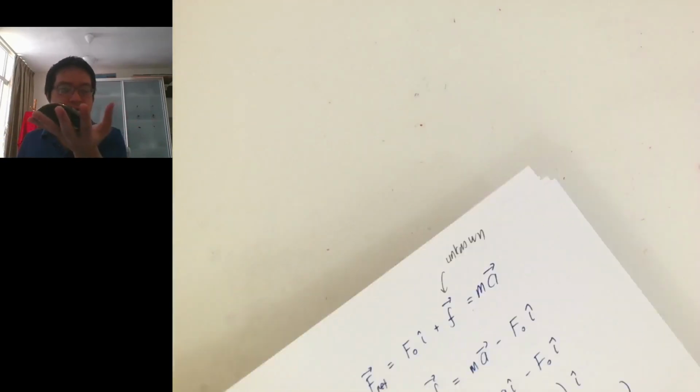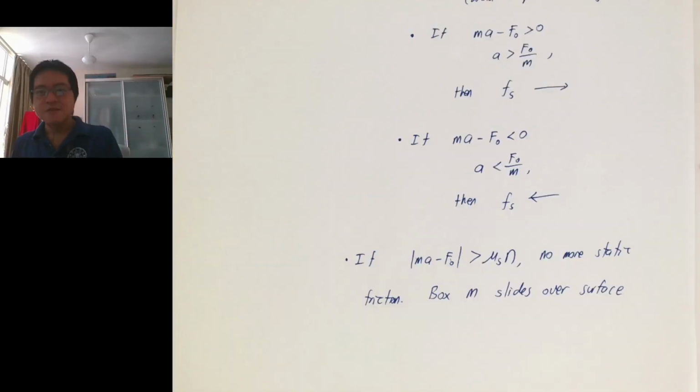It is moving because the static friction between the paper will make the mouse move. I'm not exerting any force on the mouse. But if I suddenly accelerate very fast, it will slide off. Then static friction will break, and there's no more static friction. When static friction is exceeded, it will slide over the surface.